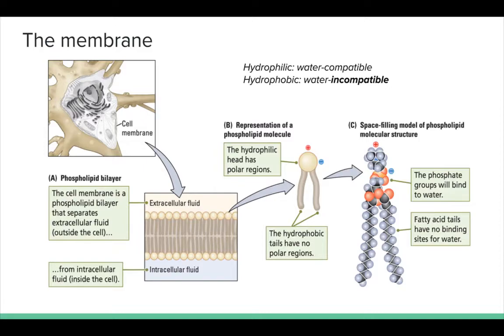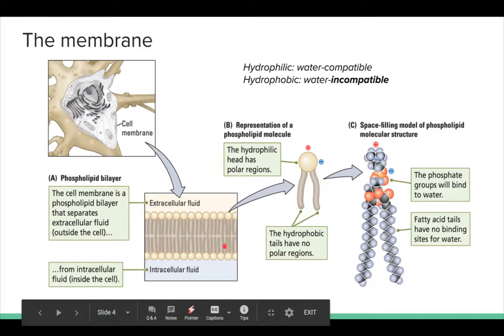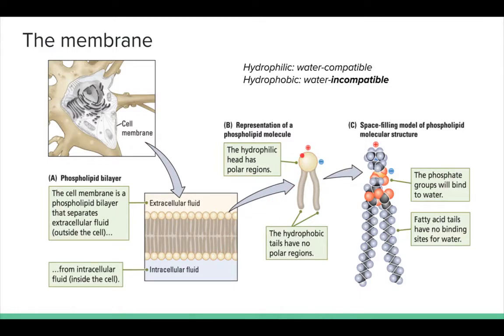Probably the most important part of the neuron for our purposes is going to be its membrane. Now, you remember the membrane is made up of a bilayer of phospholipid molecules. The phospholipid molecules have a polar or hydrophilic, water-compatible head with hydrophobic, water-incompatible tails.